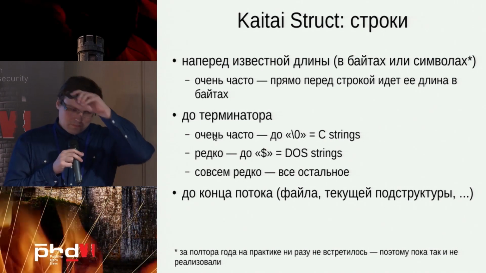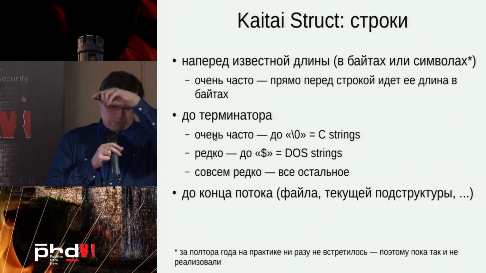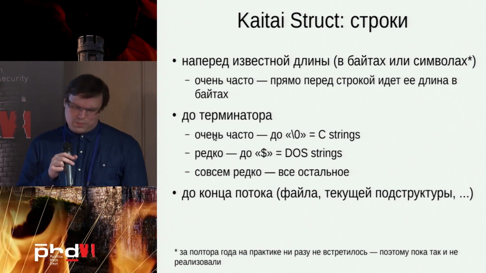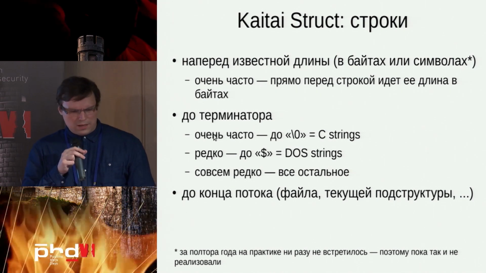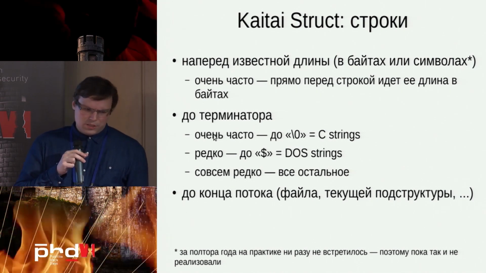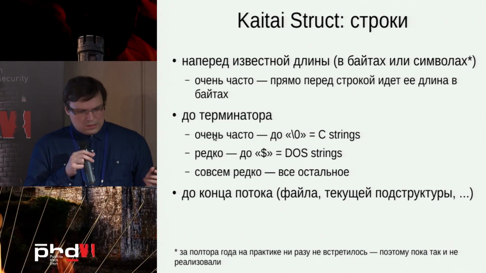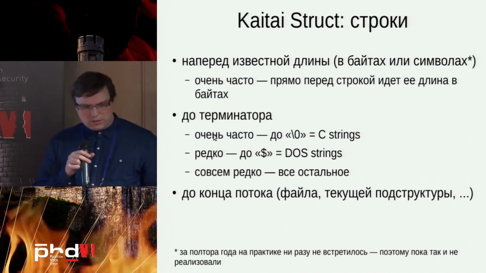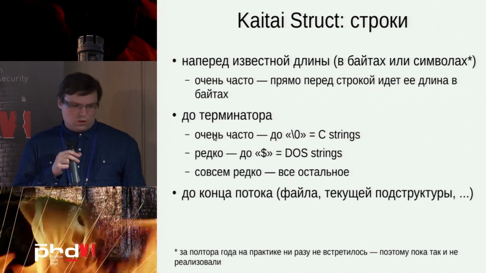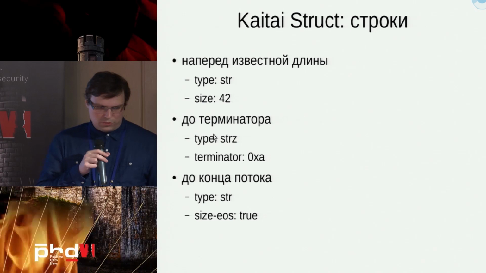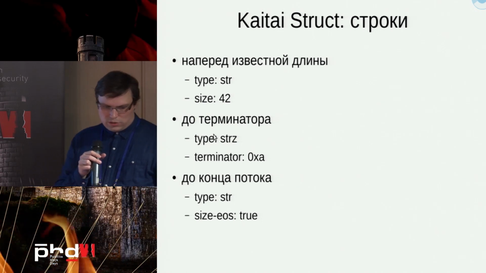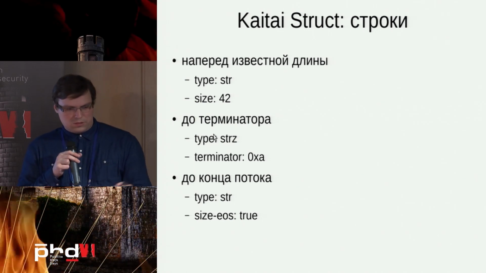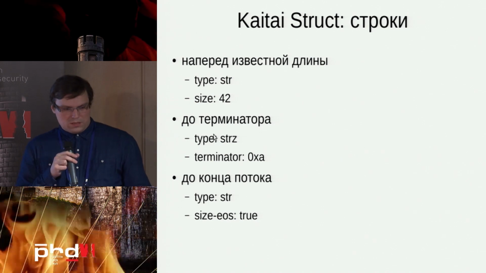Strings are either of known length in bytes or symbols, or there are strings that come before the terminator. In 90% of cases, the terminator is 0, these are C strings, sometimes before the $ sign, DOS strings, and rarely some other options. Or we read the string till the end of the stream, a file, or the current substructure as valid.